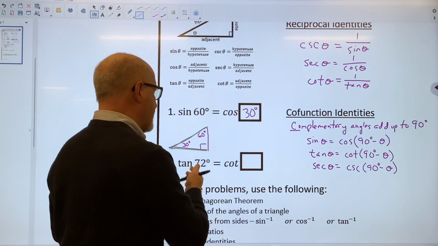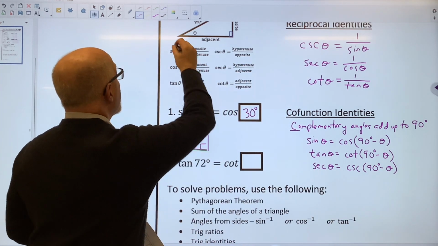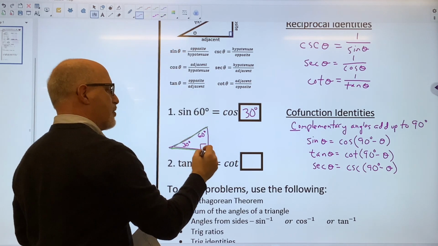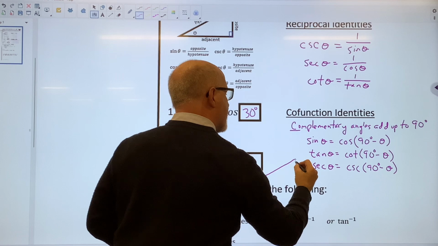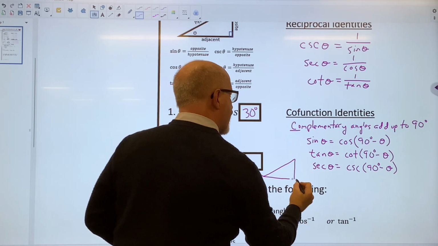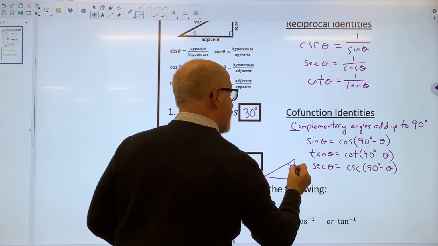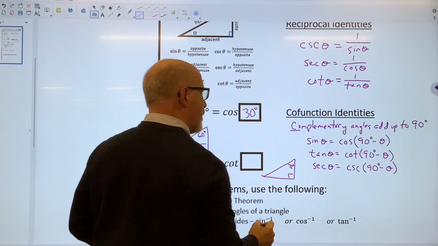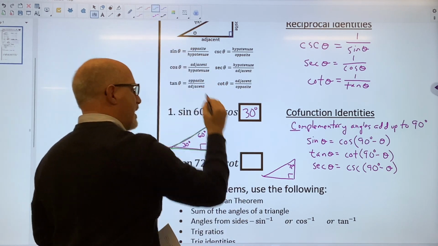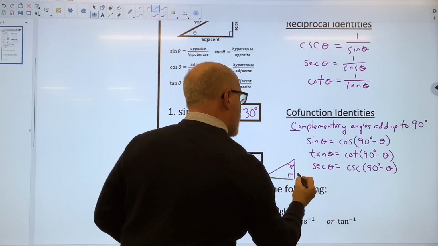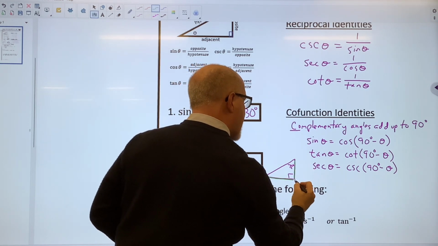Okay, let's look at this example to illustrate that. For this one, we'll go ahead and draw a triangle here with 72 degrees. So if I draw a triangle this way, and I've got 72 degrees up here, and this is a right angle, notice that tangent is going to be the opposite side over the adjacent side.